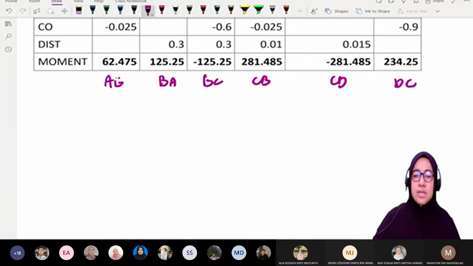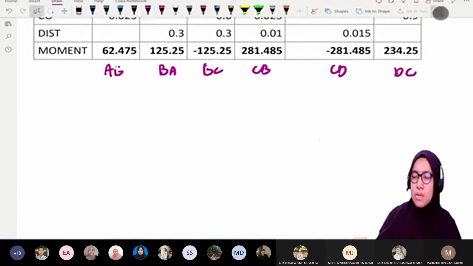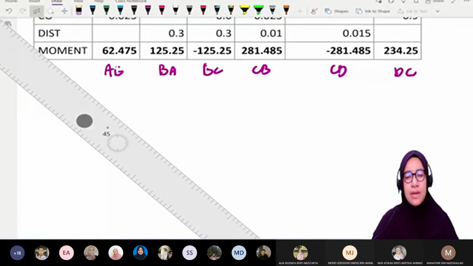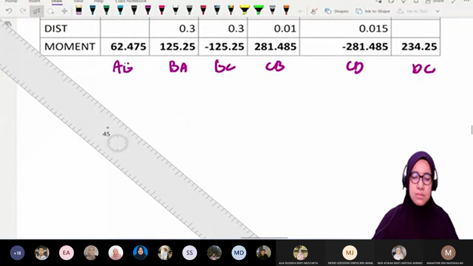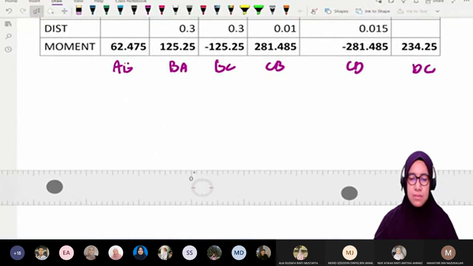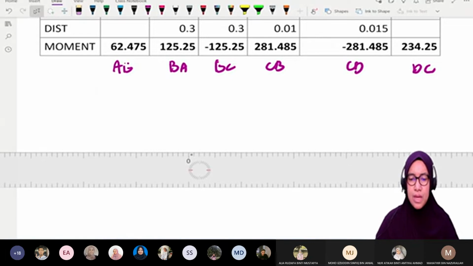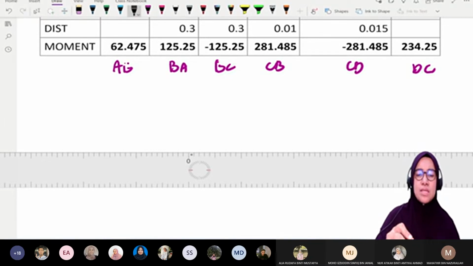Okay, so for the bending moment diagram, saya nak draw it separately so that kita boleh nampak clear.